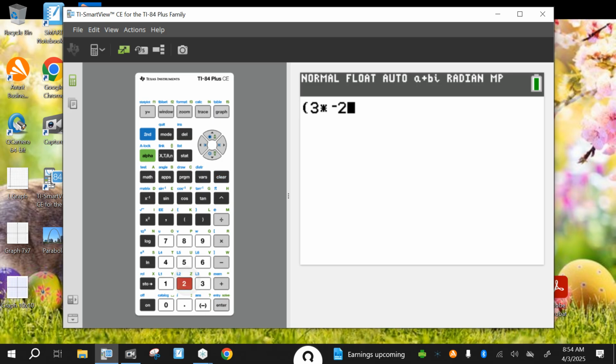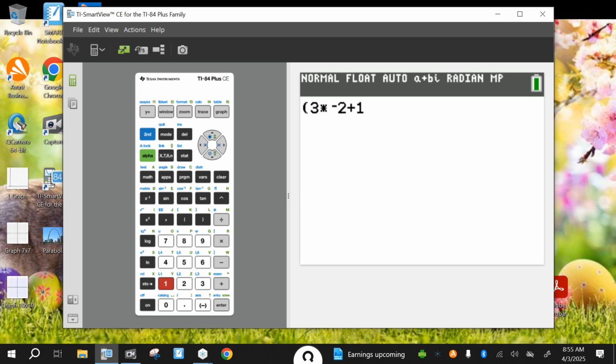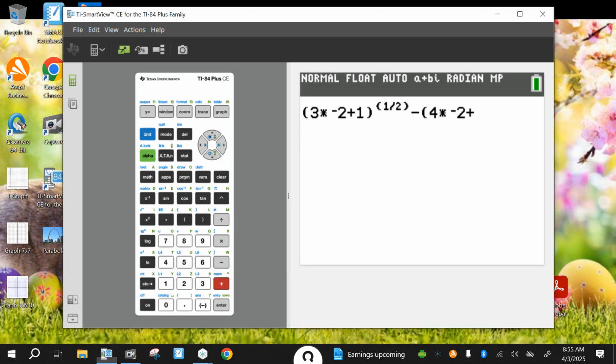So 3 times negative 2, what was in that parenthesis? I don't remember now. Plus 1. Okay. Plus 1 to the 1/2 power. Don't forget to right arrow. Minus 4 times negative 2 plus 3 to the 1/2 power.